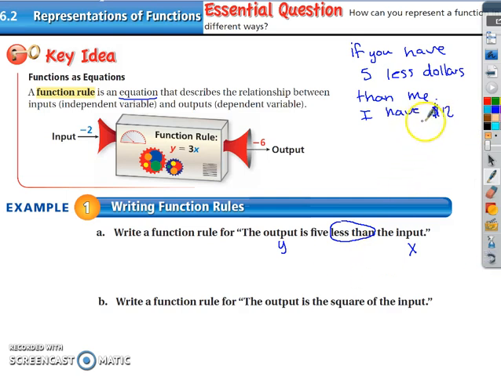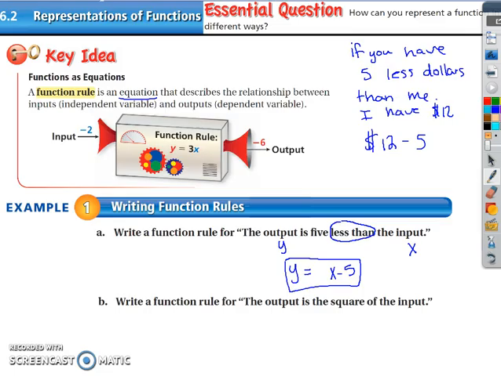And how we would do this is we'd say, I have $12, you have 5 less than me. So we're actually going to take my 12 and subtract the 5 after the 12. And that's exactly what's happening here. The output is 5 less than the input, meaning we're going to start with the input and subtract 5 from there. Now the output is or equals that x minus 5, and this would be your rule for your function.